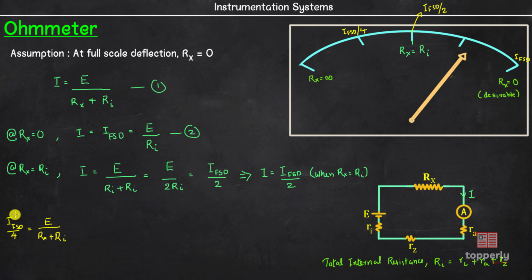Substituting this gives us 1/4 into E by Ri equal to E by Rx plus Ri. We can cancel out the E's, which leaves us with Rx equal to 3 times Ri. That is, 1/4 of the full scale deflection corresponds to 3 times the total internal resistance of the circuit.